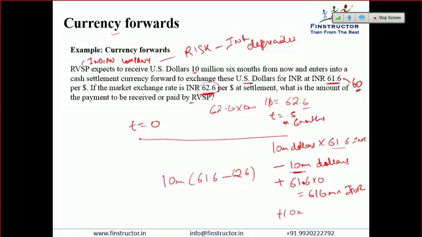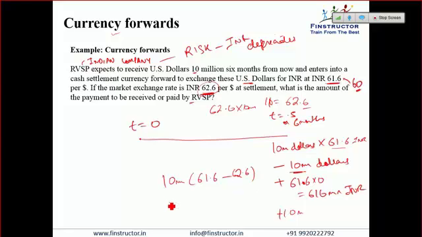Or you can also think of it as we explained. That is, he is getting only 61.6, whereas if he did not enter the contract, he could have earned 62.6 per dollar, or 626 million.